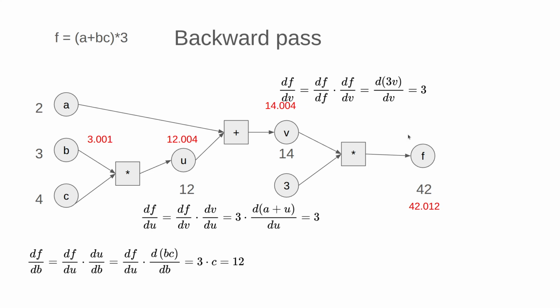So f is the output of the function here, so we just go back to get the function. And then we know that this function has 2 inputs here. So we just call the backward function of all the inputs and try to decide the gradient of those inputs.